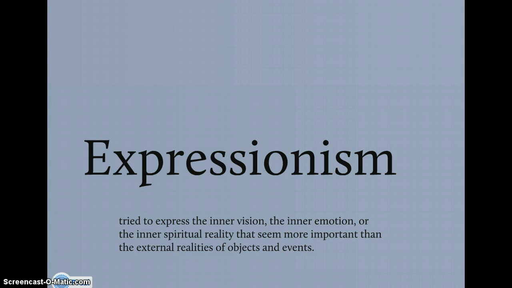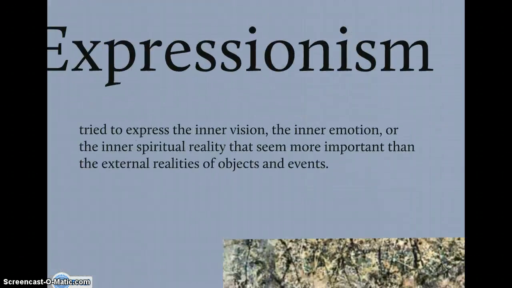So when you go into the Museum of Modern Art in May, you probably will see things like, I could have done that, a kindergarten could have done that, but most likely that's going to be something like abstract expressionism, which focused on what's internal rather than the external realities of objects and events. Here's a famous Jackson Pollock.